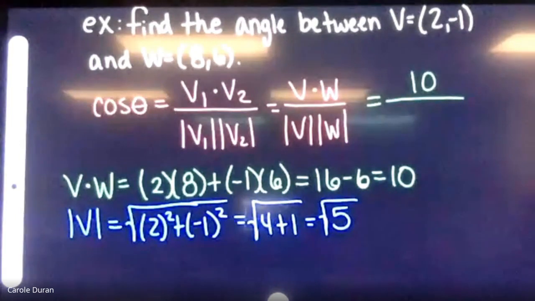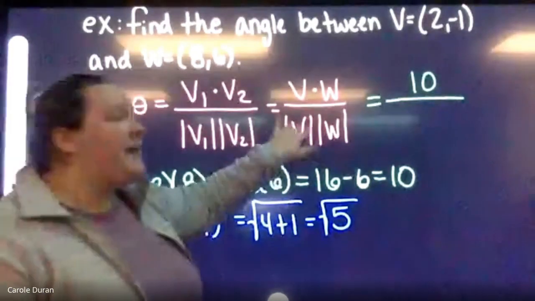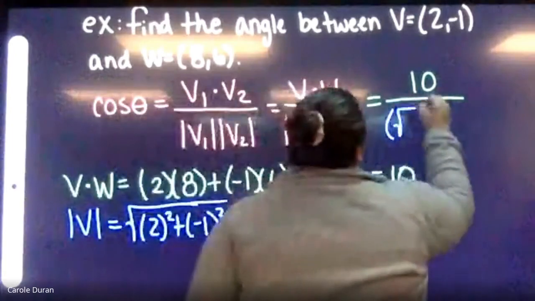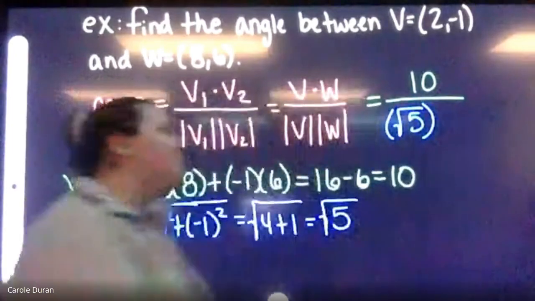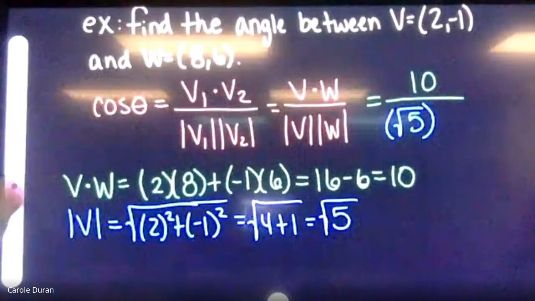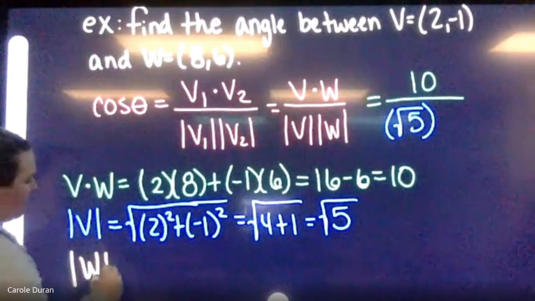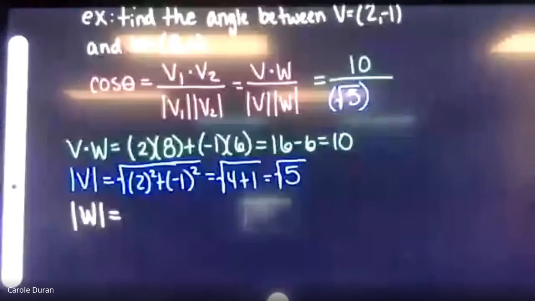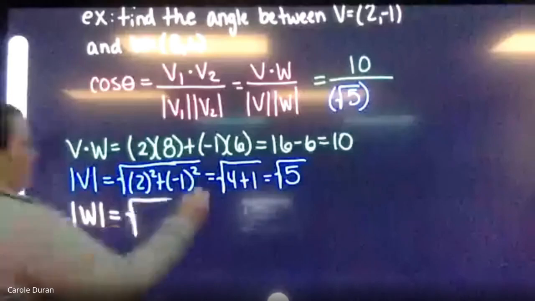Okay, so I'm going to replace the magnitude of v with the square root of 5 that it is equal to. Now, what is the last part I need to find? Magnitude of w. Same process, but instead of 2 and -1, I'm using 8 and 6.